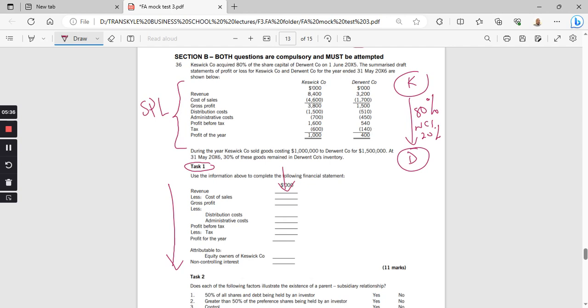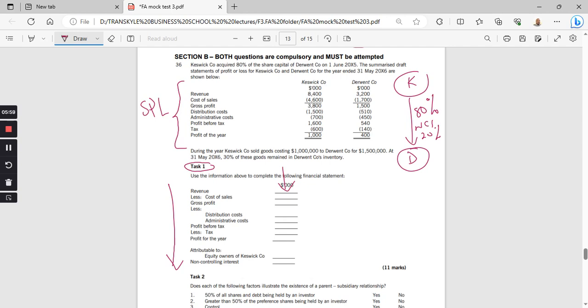Now, this is a consolidation question, and by consolidating, usually you have to add line by line, but you also need to incorporate some adjustments. For example, we are told that during the year, Keswick sold goods to its subsidiary.